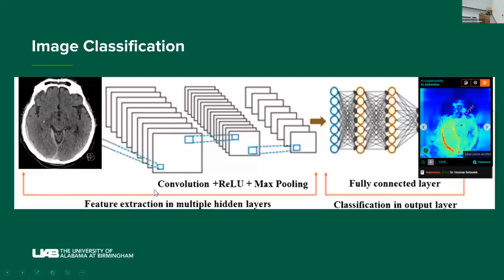This manipulation is done by different steps called convolution, ReLU, and max pooling. At each layer, we make the medical images simpler, and eventually we convert images to simpler, smaller images, which can be used by the neural network for prediction.